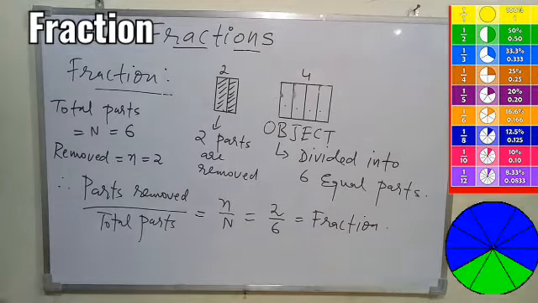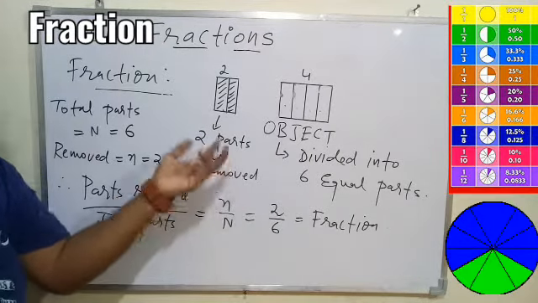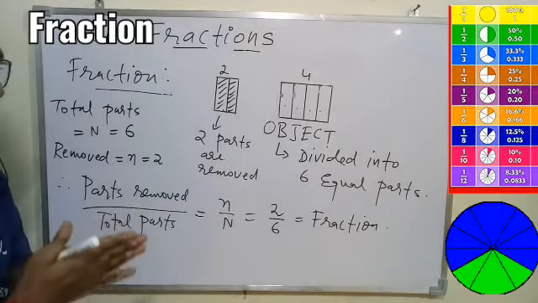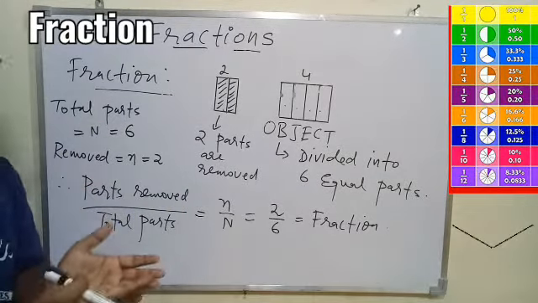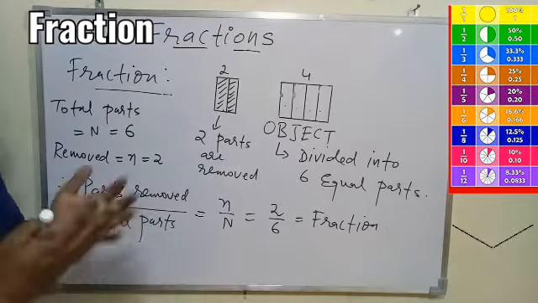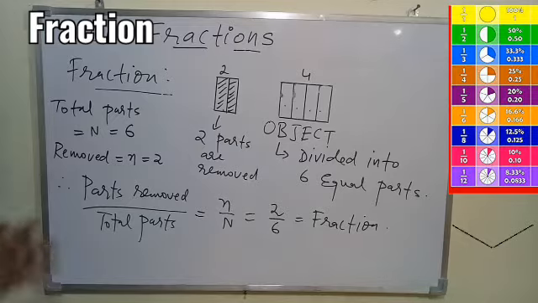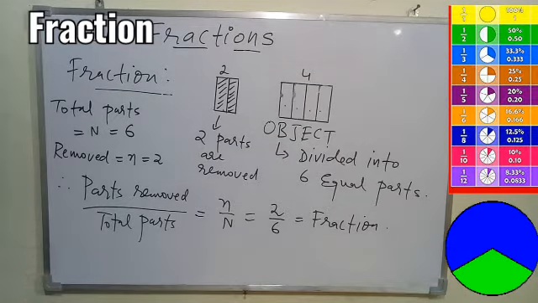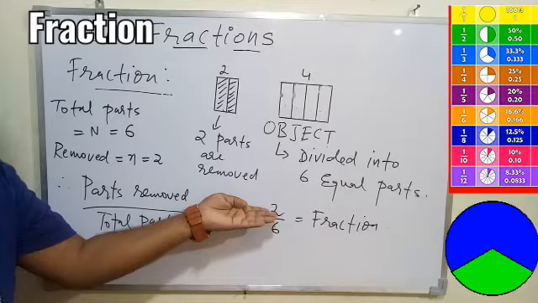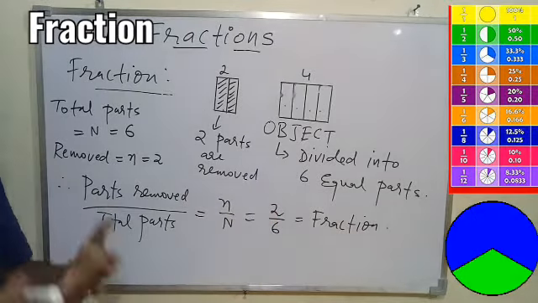So let's understand this properly once again. This thing we understood, 6 parts we had. Now out of 6, 2 parts are removed. And now we have to show this in the form of a number, that is 2 parts are removed out of 6. So from 6, 2 parts are taken out. How to show this with the help of a number? And for that, what is to be done? We just need to take the number of parts which are removed and divide it by the total parts that we had in the beginning.